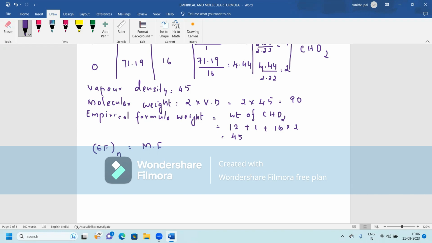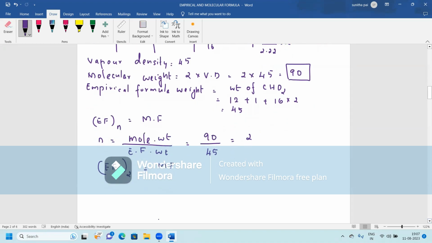Now, our task is to find out what is n. n is calculated by dividing molecular weight by empirical formula weight. Molecular weight you have already calculated. It is 90 divided by empirical formula weight, which is 45. That is 2, which means empirical formula repeated twice is the molecular formula.